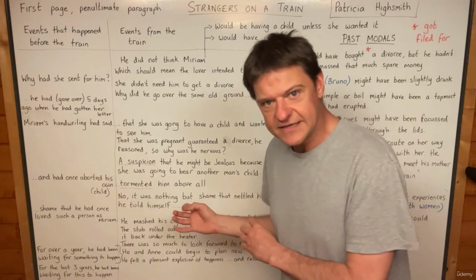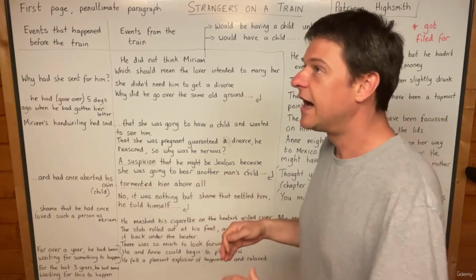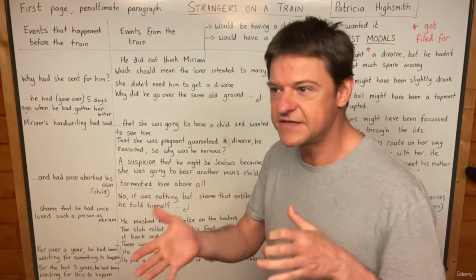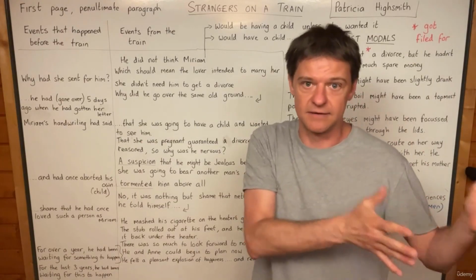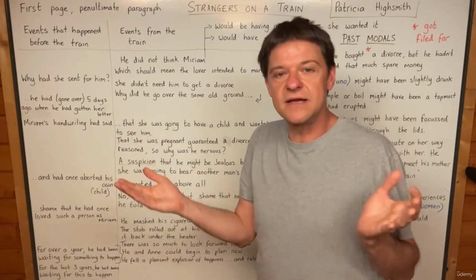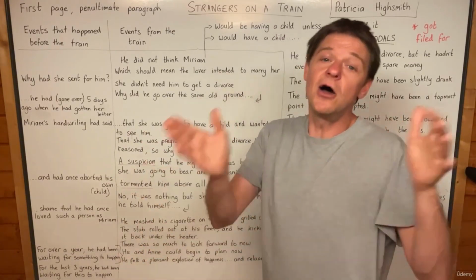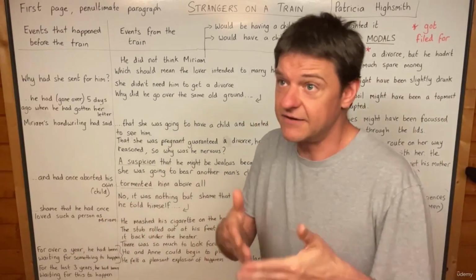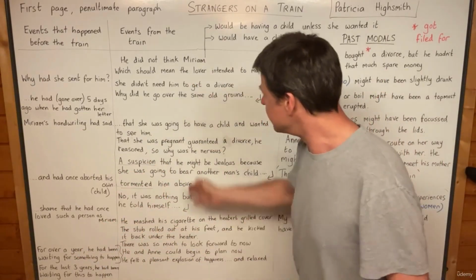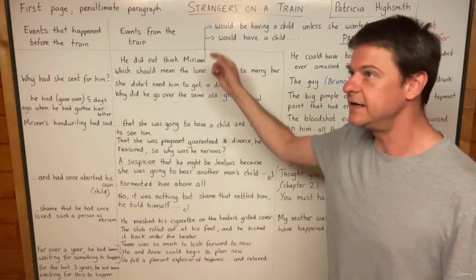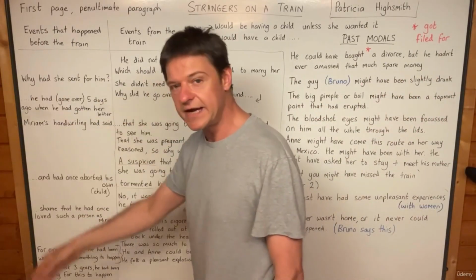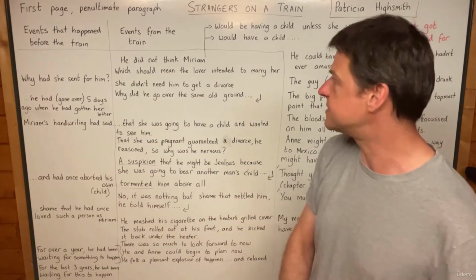It's used for narratives, and I mean stories. And it's when you're telling a story in the past tense and you go even earlier than that past. I think of it as the past, earlier than your main narrative, which is already in the past. So the main narrative is on the train, but anything earlier than the train is in past perfect.